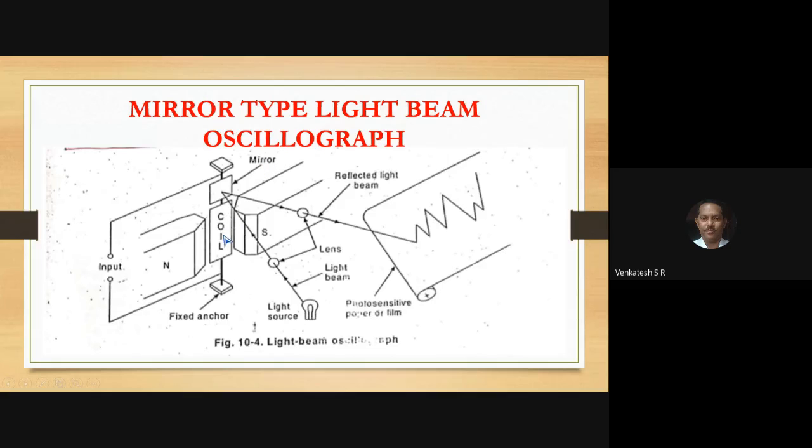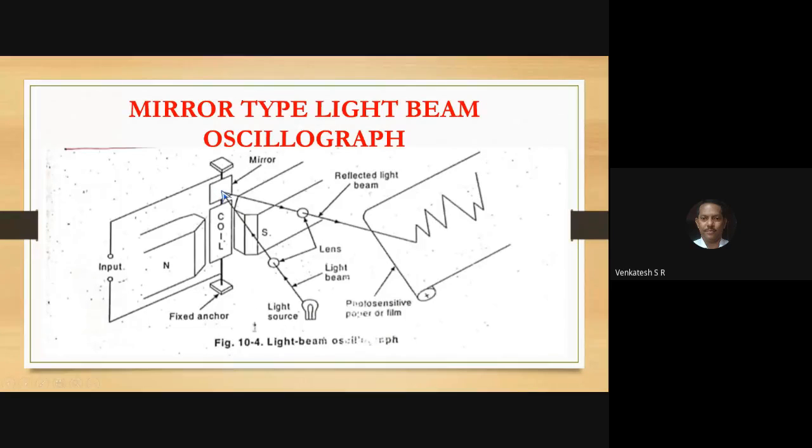Whichever vibration is coming from the earthquake or from the vibrating machinery or any machine tool, that vibration is transferred to the mirror. First you have the light source which passes the light rays through the lens and hits the mirror.